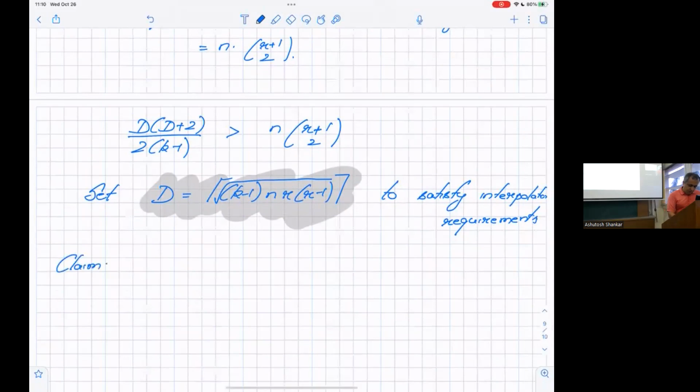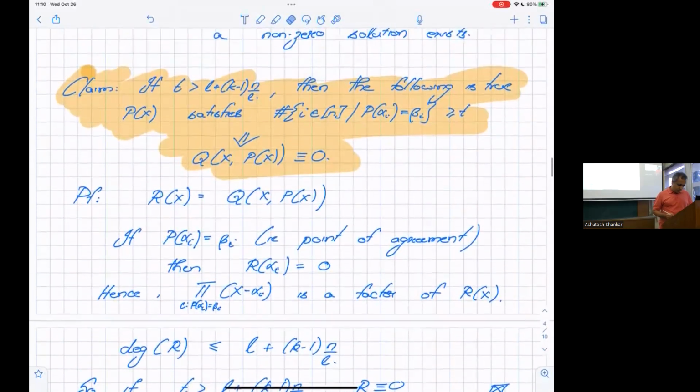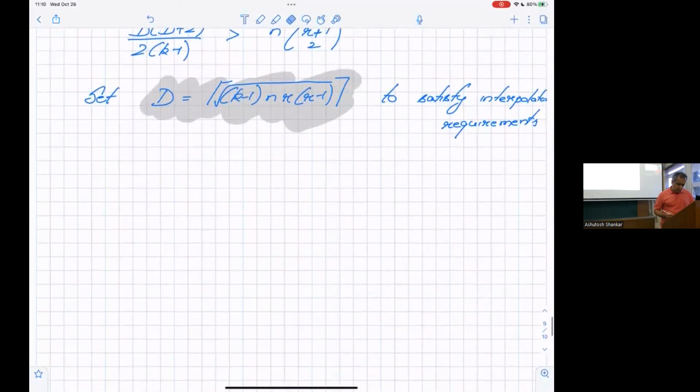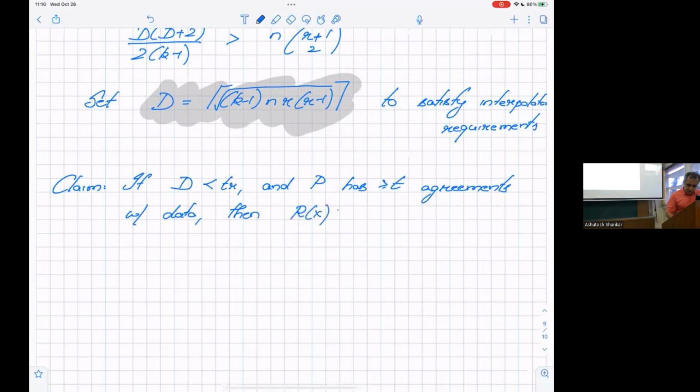I want to do the following lemma. We will name it shortly, but if D is smaller than dr, and P has T agreements with the data, then R of x, defined to be Q of x, P of x, is identically zero.